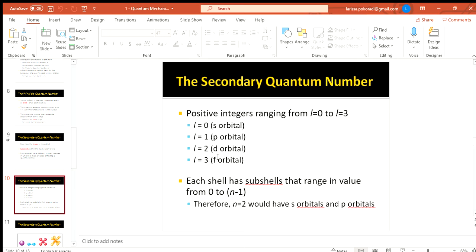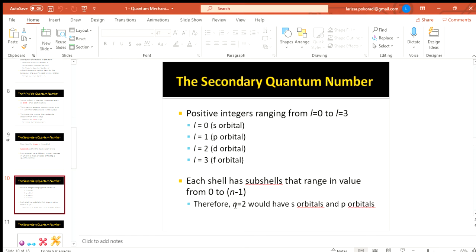There's a reason why we didn't see d and f orbitals for magnesium, and that's because we didn't have an n value, a principal quantum number, high enough to have those types of orbitals, because you can only have subshells, or which type of orbital, within this range, 0 to n minus 1.